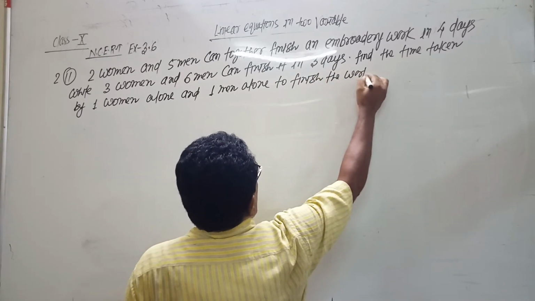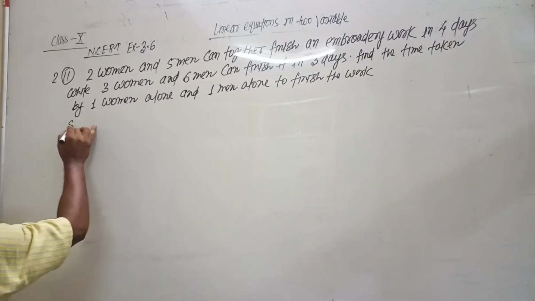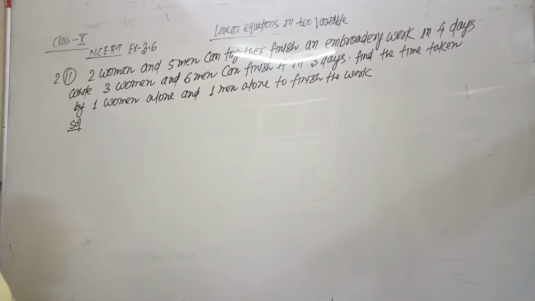So we are given that 2 women and 5 men can together finish a work in 4 days, while 3 women and 6 men can finish the same work in 3 days. So find the time taken by 1 woman and 1 man alone to finish the work.